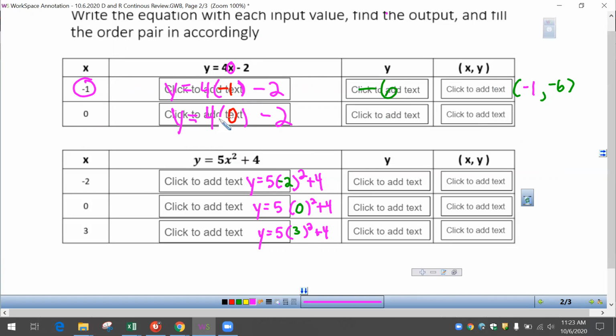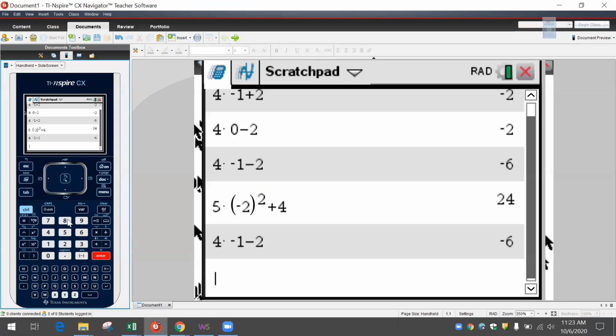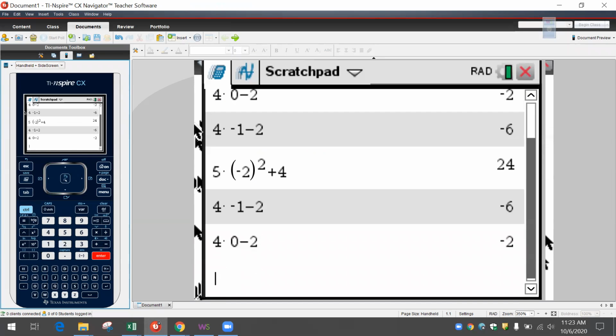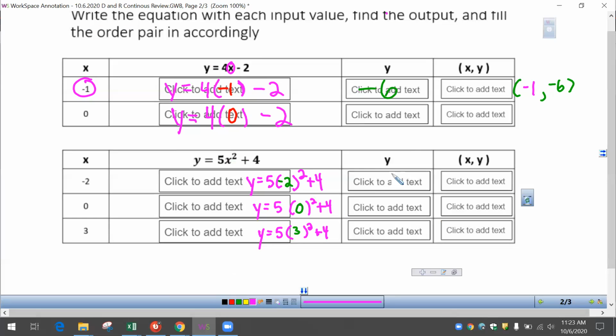Same thing here, type in 4, open parentheses, 0 minus 2. So your output value when x is 0 is -2, all right? And then when you write it as a coordinate point, you'll write your x, which is 0, then -2, all right? Same thing over here.